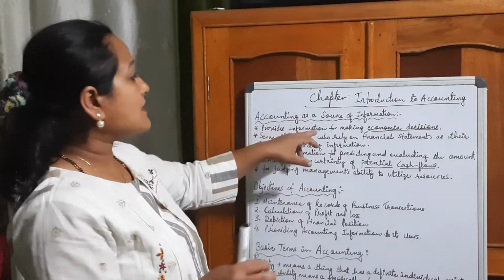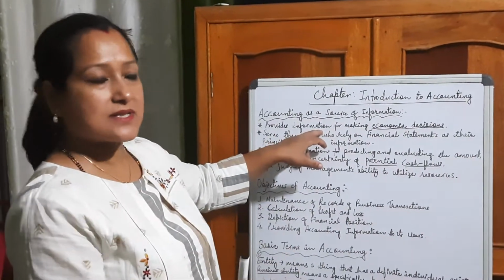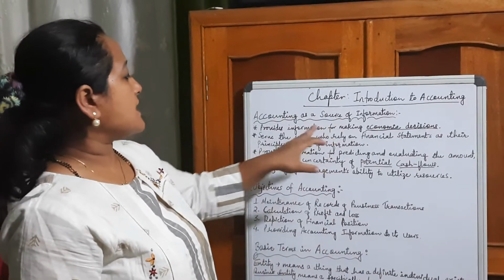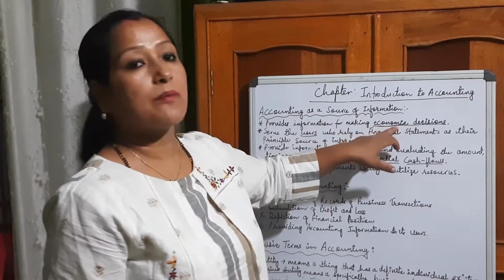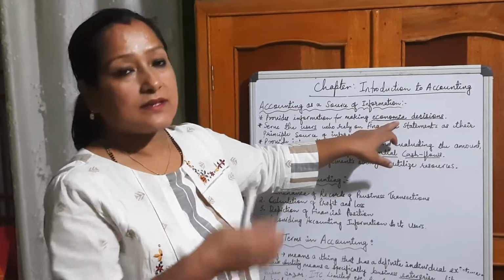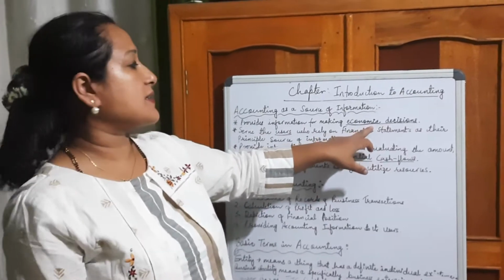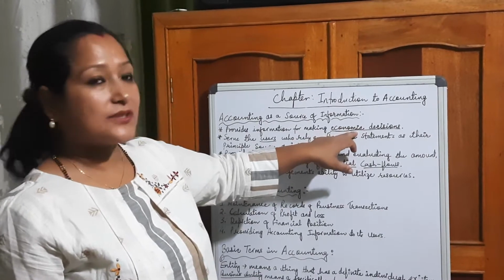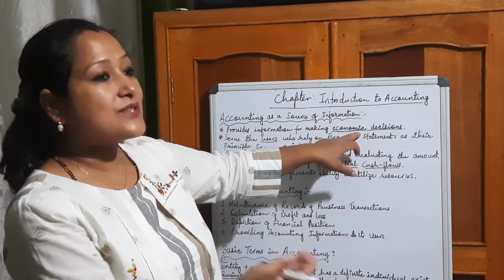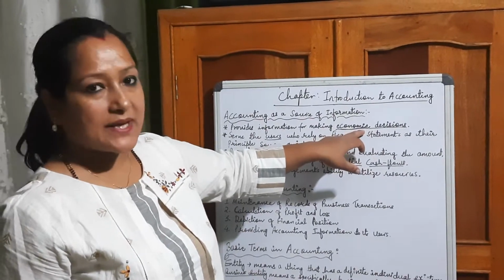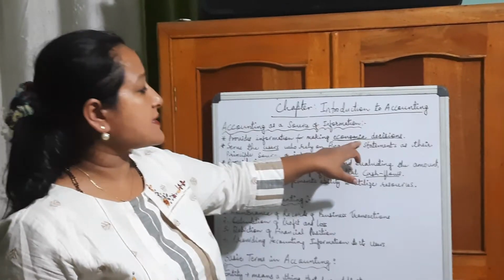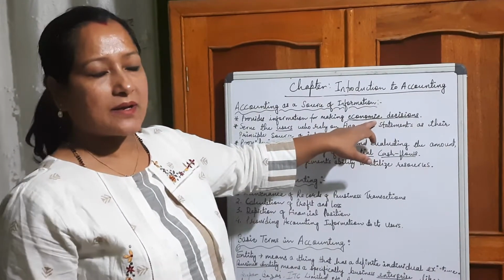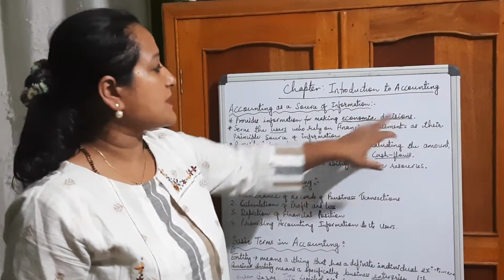With the help of the results that the accountant makes by doing the accounting process, it is very useful for making economic decisions. At a macro level also, in a whole country, economists and some authorities choose the accounting statements of the topmost companies, and then they analyze and take decisions on whether our country is progressing or not. Economic decisions they can take.